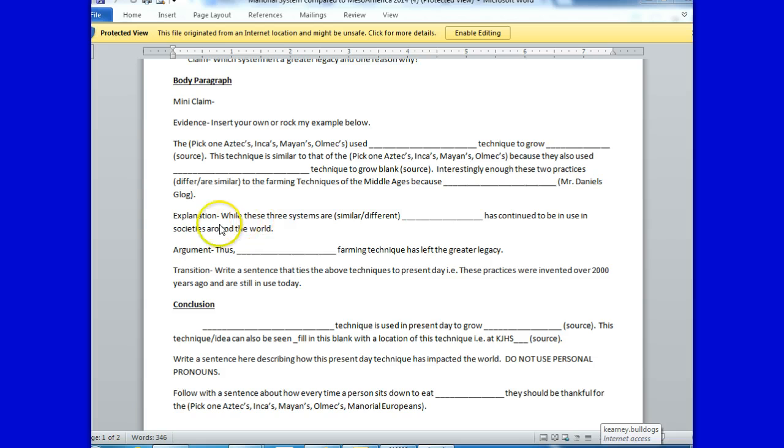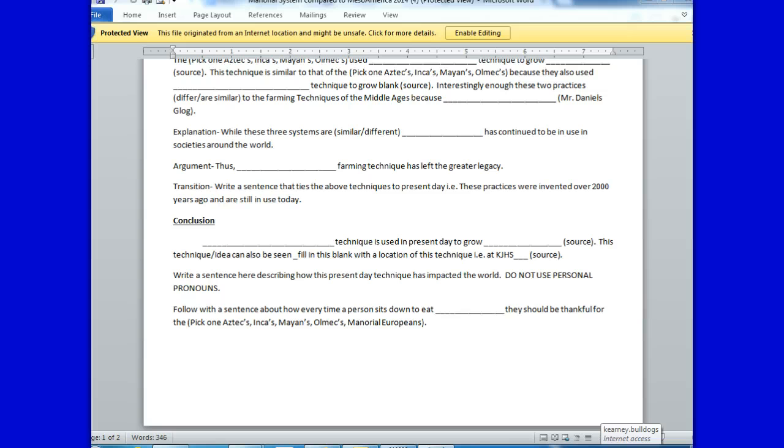I gave you the explanation, so it becomes fill in the blank. The argument is right here, you fill in the blank, and then for your transition, you have to actually write a transition. Here's an example transition. If you want to borrow some of that, feel free. And then finally, the conclusion is here. It is also fill in the blank. Don't forget the sources in the correct locations.